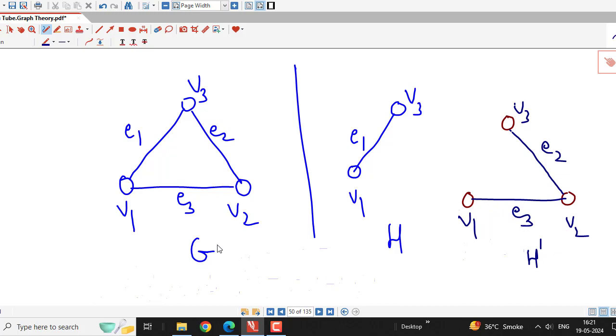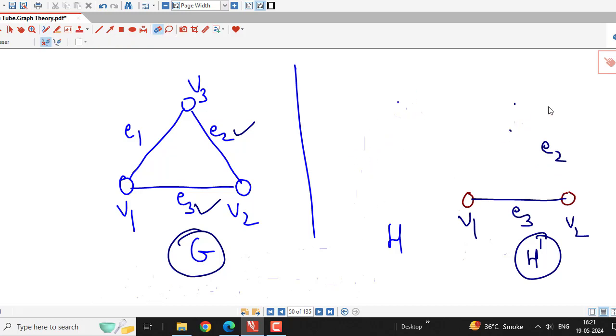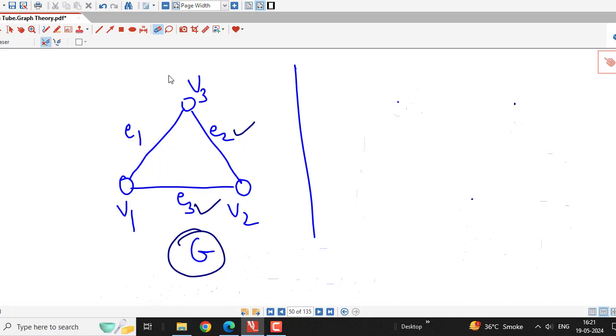Then H dash is another subgraph of this graph G. We can see that the vertices of H dash are V1, V2, V3, and they are present in G, and the edges of H dash are E2 and E3, they are also present in G, therefore H dash is another subgraph of G. So we can easily write the subgraph of a given graph G, and if we consider graph G itself, then G is also a subgraph of G.